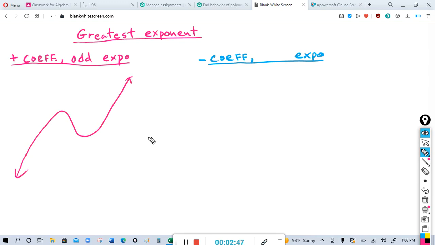And if it's a negative coefficient and an odd exponent, the graph is going to be like this. So it's almost like the mirror image. It'll continue forever in that direction, in that direction. Same here. So those are the 4 cases.